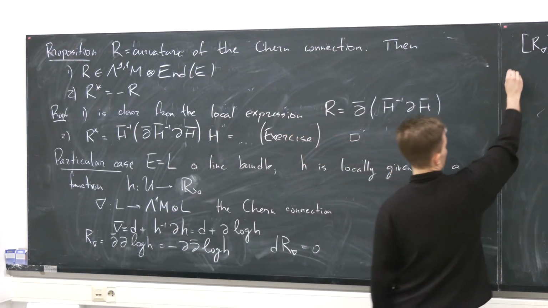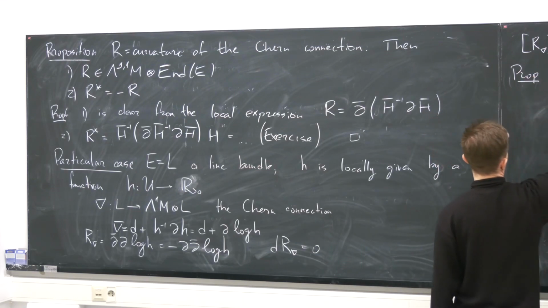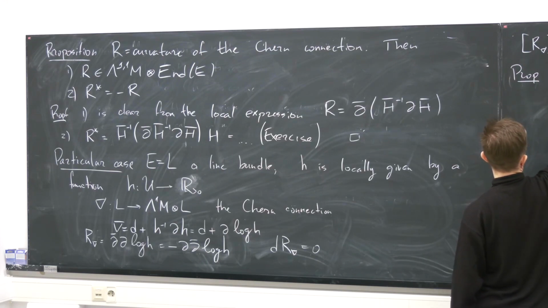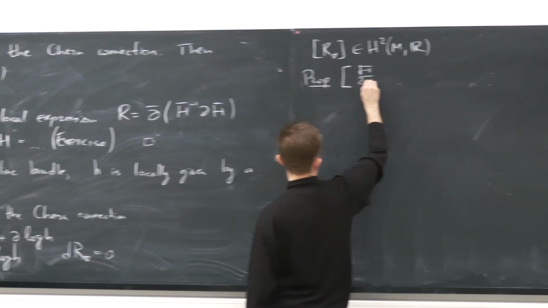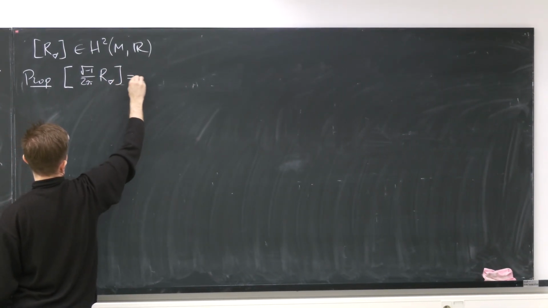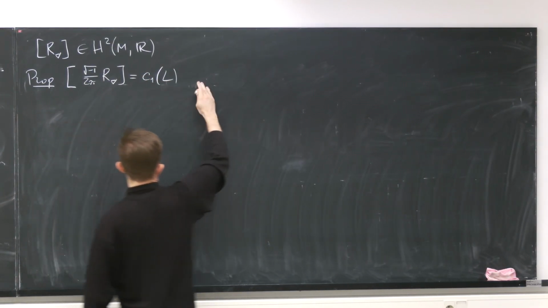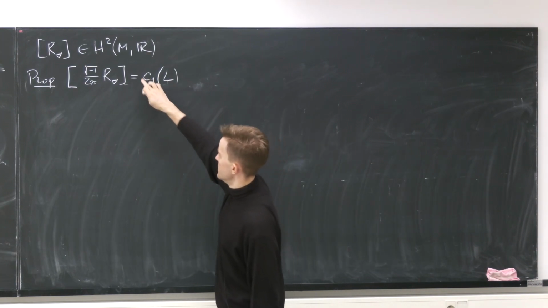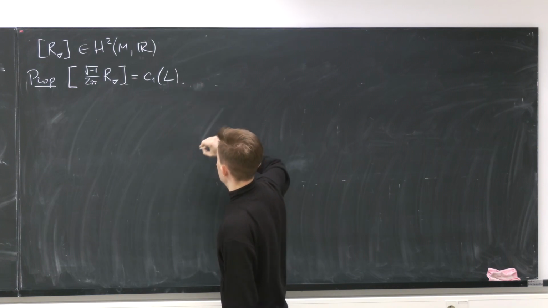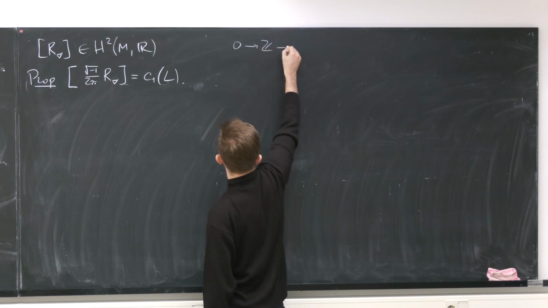Okay, so the proposition here is that this is the first Chern class, but up to some coefficient, which is the imaginary unit divided by 2 pi. By C1 of L, I mean here the image of this first Chern class in this cohomology group. So I recall that we had the exponential exact sequence.